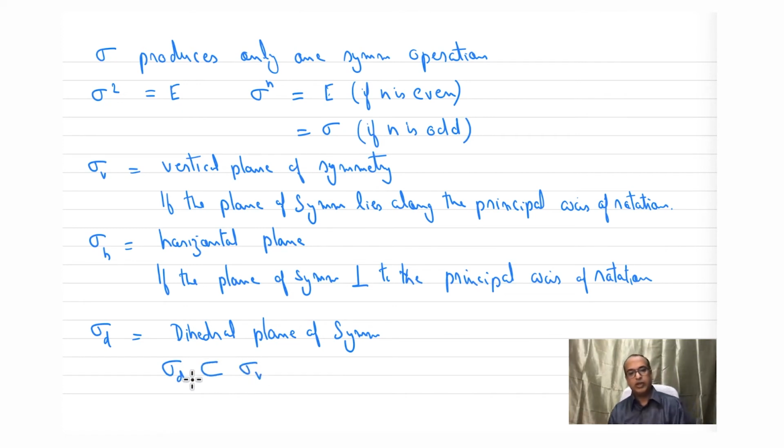All sigma d's are also sigma v's, but not vice versa. All sigma v's are not sigma d's. So that means sigma d will also lie along the principal axis, right?